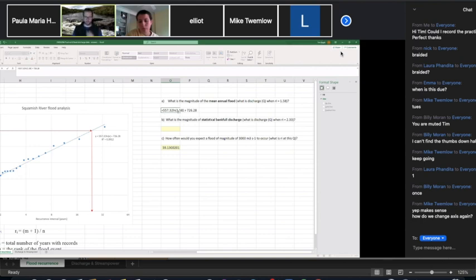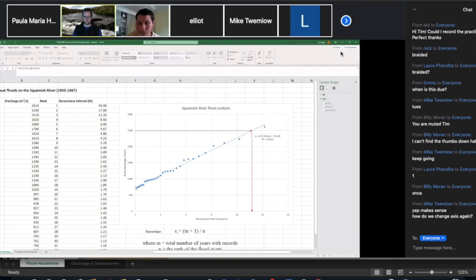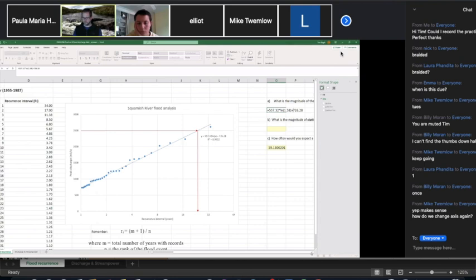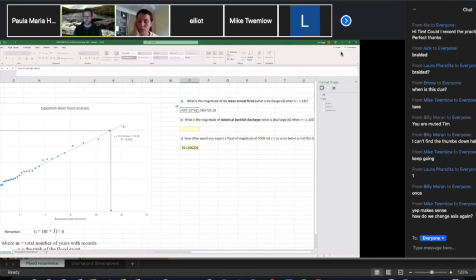This cell is equal to 557 times the natural log of 1.58 plus 726.28. Now, 726.28 is the y-intercept value where this trend line crosses the y-axis. So if you just get that equation into your cell and press enter, you should get the answer.